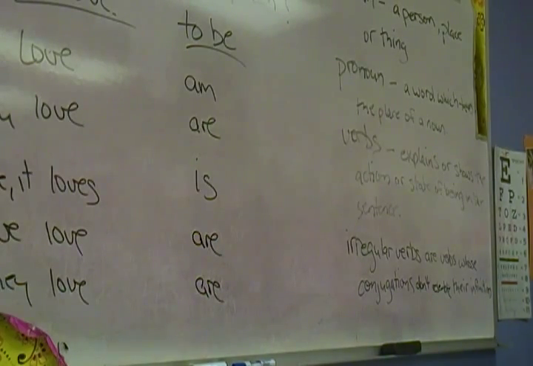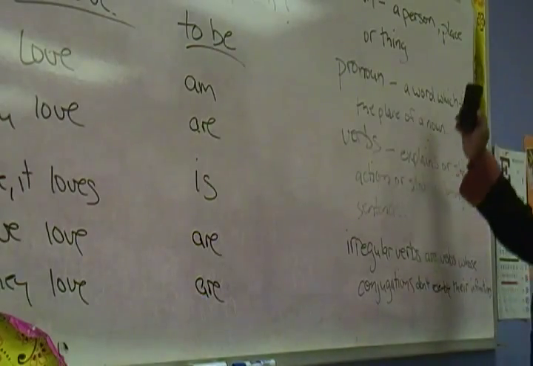It might say verb, pronoun, noun, or the next word that I'm going to put on. Listen, can I erase this now? Everybody's got it? All right, I'm erasing this.